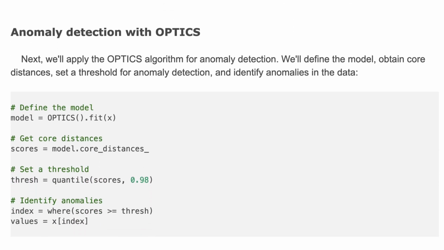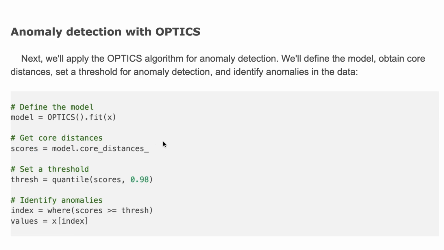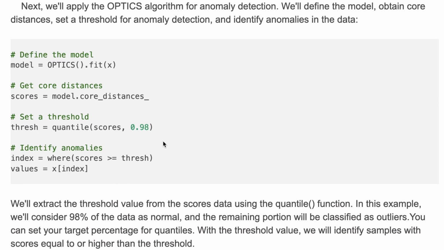Next, we'll apply the OPTICS algorithm for anomaly detection. We'll define the model, obtain core distances, set a threshold for anomaly detection, and identify anomalies in the data. We'll define the model and fit it on X data, and we'll get the core distances and set a threshold.